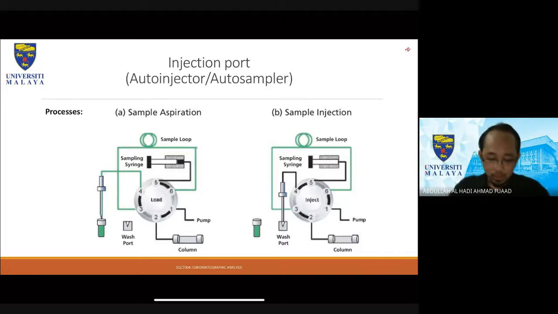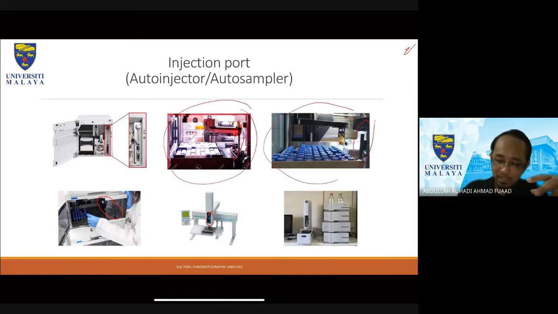Okay, so the aspiration and sample injection process. This one is just bubbling and whatnot. There are different types, and these different types are based on this system over here. A system which carries a sample might be different from the ones that directly inject the sample.